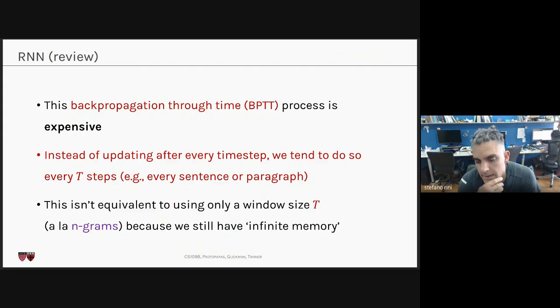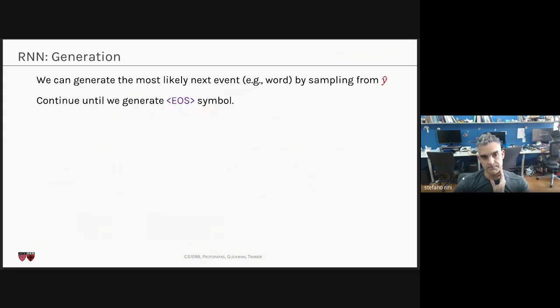This is reminiscent of the window in the n-grams, right? The number of words in our context. Then we run backpropagation over this window of time t, update the RNN weights using the gradients computed over these windows of t, and then proceed through a corpus of text.